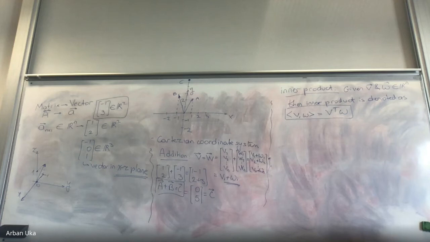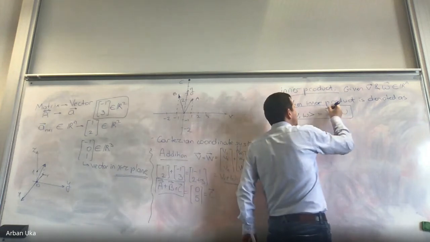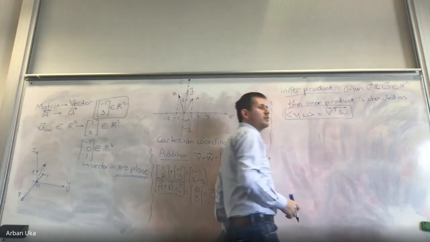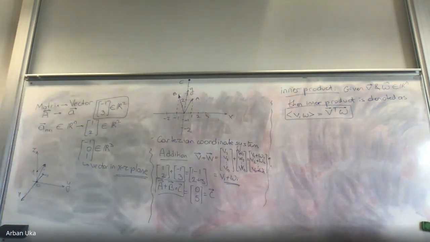So if we multiply V transpose with W, what would you expect for the answer? We had an example where we had E transpose times E. What did we get? What about the dimension of the answer? Yes, it's 1 by 1. It's a scalar, right?